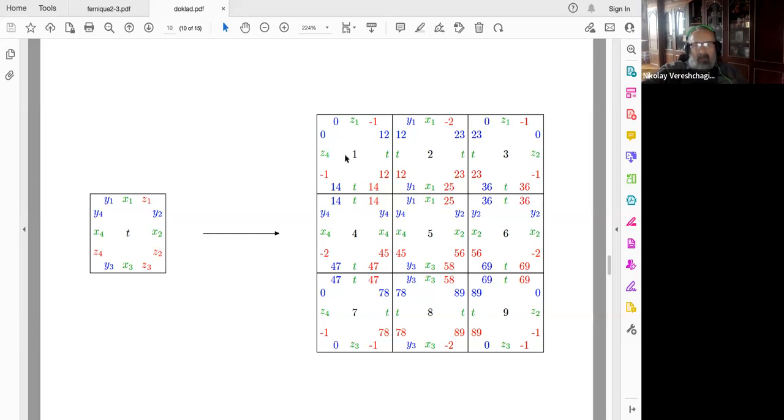And why is this? Look at the tiles, for example, 1 and 2. We can see that tile number 1 is different from tile number 2 in the blue index on the right side, because tile number 1 has 12 and the other tile has 23. It is different from tile number 3 on the same side.